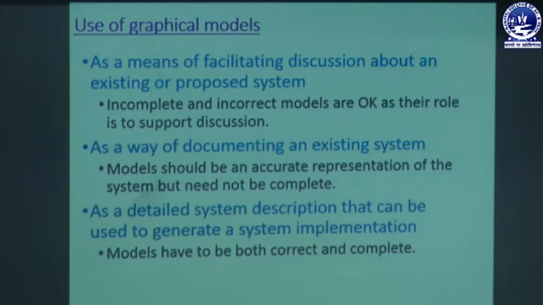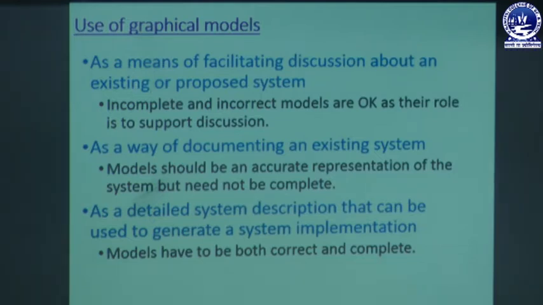When we are using a graphical model, we can use that system model to facilitate a discussion of what actually we are going to do, how the system can be developed, how the system can provide the functionalities.